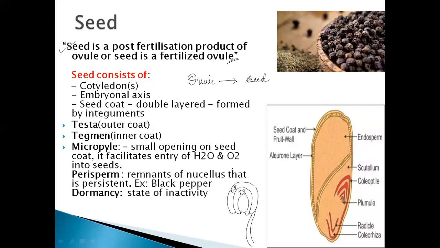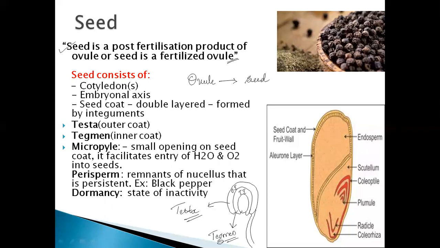So this outer integument forms into the outer coat known as testa. The inner integument, which forms the inner coat, is known as tegmen.